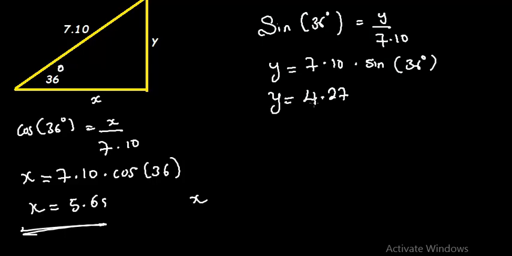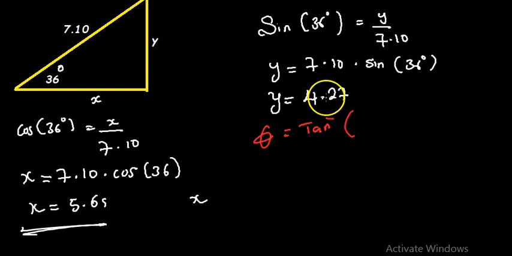At this point we have both our x and y, so we can find the angle theta. For us to find the angle theta, this is simply going to be tan inverse of what?